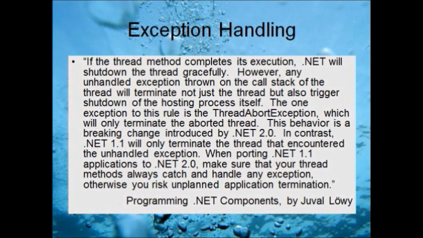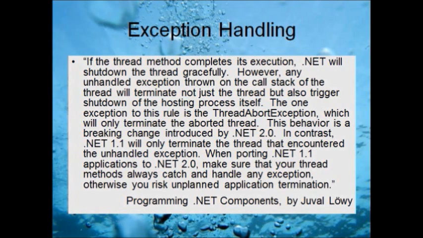Exception handling. If the thread method completes its execution, .NET will shut down the thread gracefully. However, any unhandled exception thrown on the call stack of the thread will terminate not just the thread but also trigger shutdown of the hosting process itself. The one exception to this rule is the ThreadAbortException, which will only terminate the aborted thread.